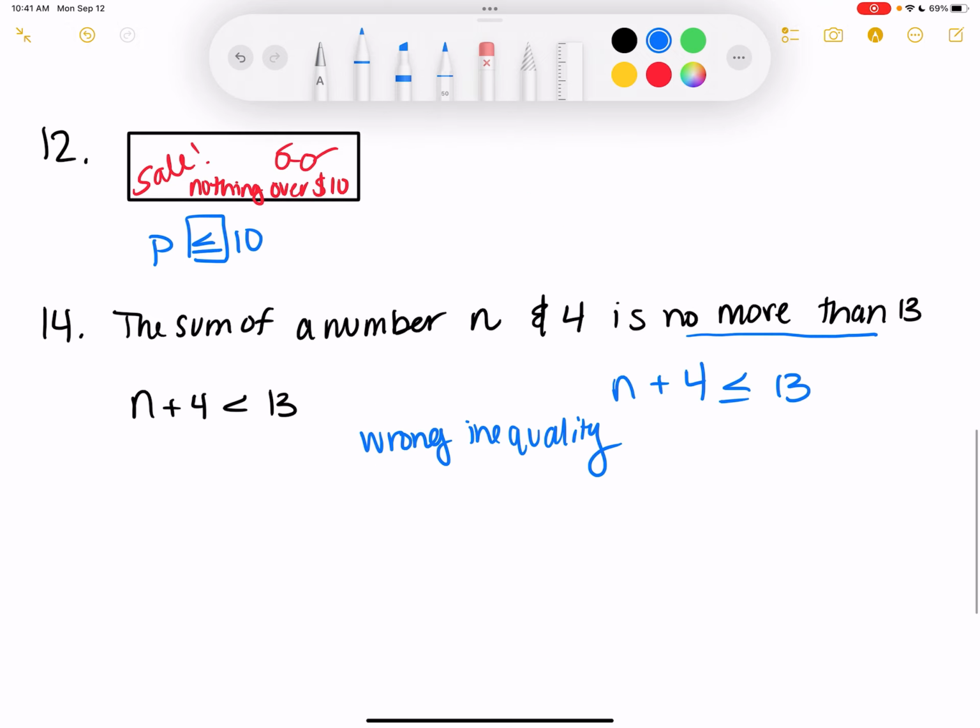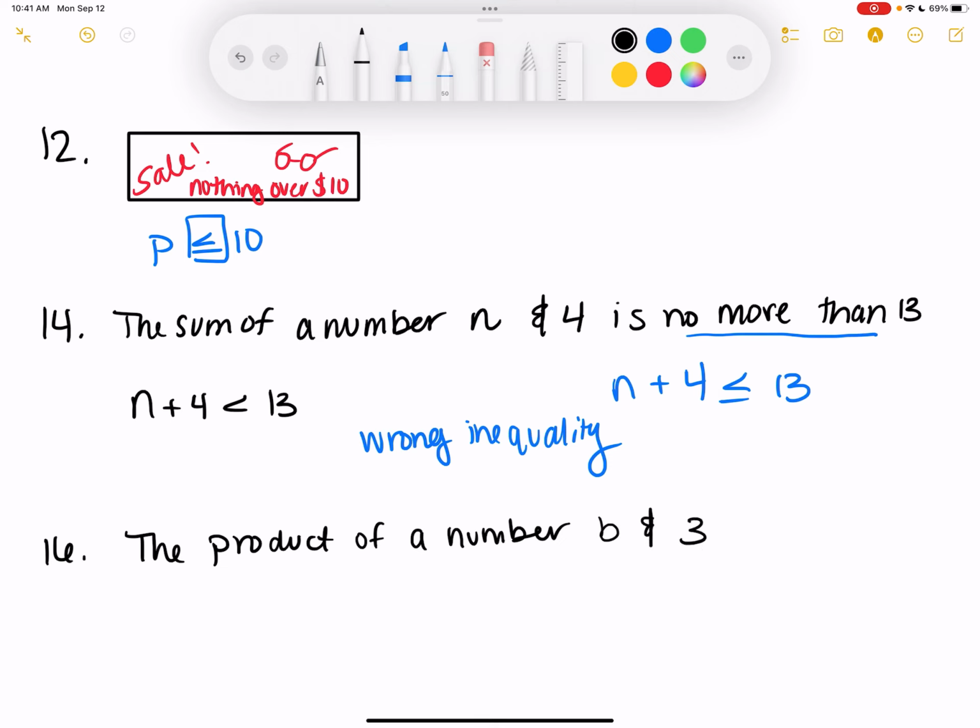Alright, and then this next one, they technically give it to you as a multiple choice problem, but I'm just going to do it as if it's a regular problem. The product of a number b and 3 is no less than 12.